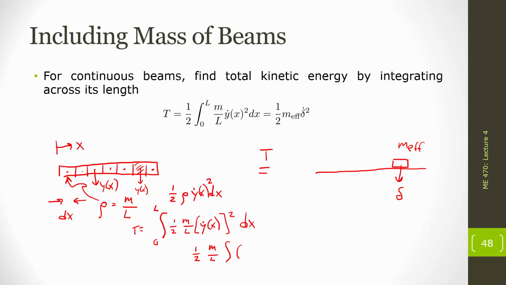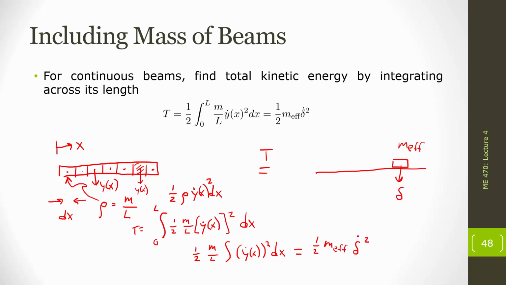The y dot of x squared dx is going to be left on the inside, and it will be equal to, now in this picture, all of the mass is going to be located at that effective mass point. So 1/2 times the mass of this system times the velocity of this system.